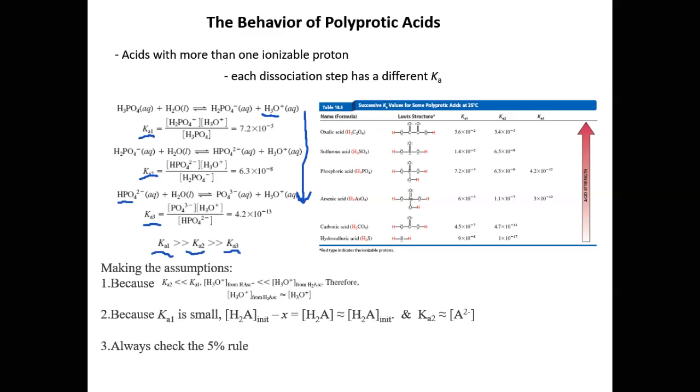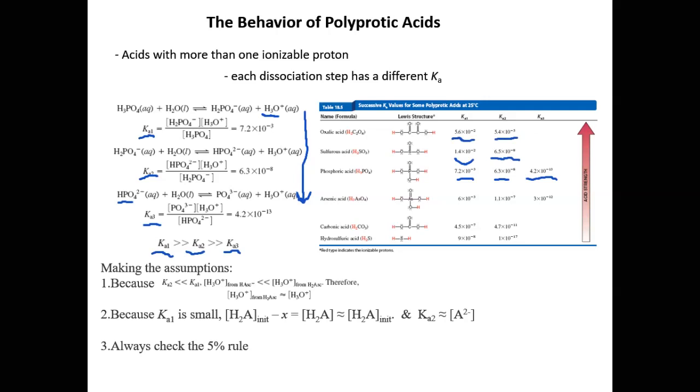So for example, oxalic acid: Ka1 is 10 to the negative 2, Ka2 is 10 to the negative 5. Sulfurous acid: 10 to the negative 2, Ka2 is 10 to the negative 8. Phosphoric acid: 10 to the negative 3, 10 to the negative 8, 10 to the negative 13.